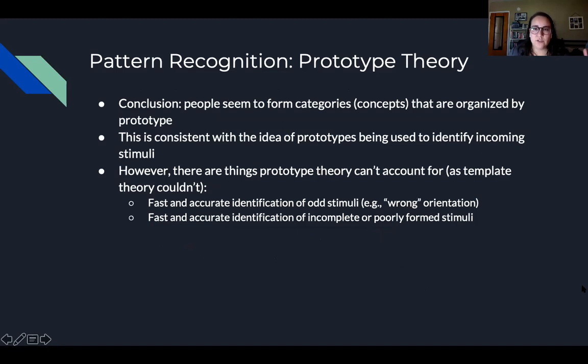In addition, people seem able to form categories that are organized around these prototypes. And they can also describe the characteristics that make up the prototype. So again, going back to my dog example, my prototype for dog, like I said, 4 legs, tail.